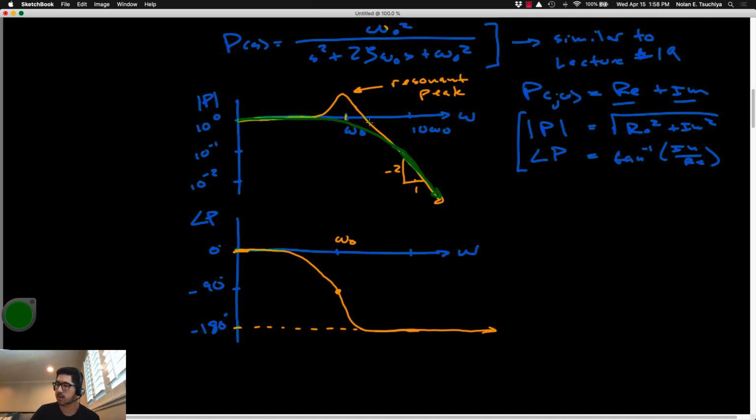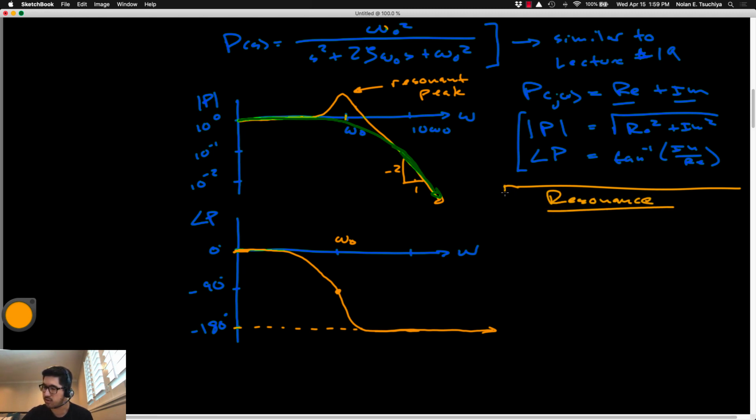Okay, and what you need to be aware of for second order systems is how to determine if a resonant peak exists. So the formula for resonant peak I'll give you here. But the idea is for resonance, you always need to check for a particular second order system if resonance is going to occur.